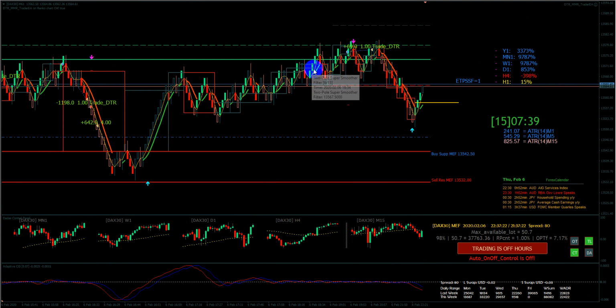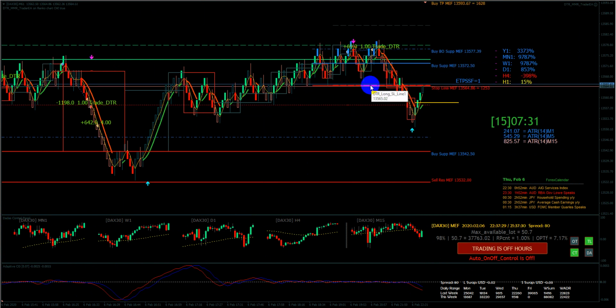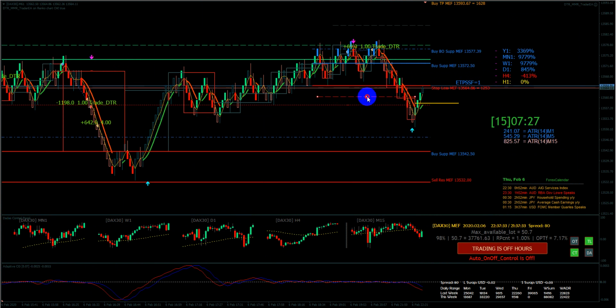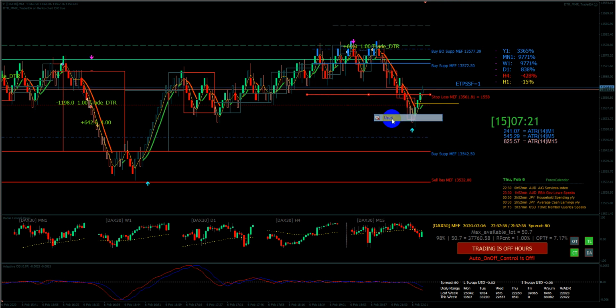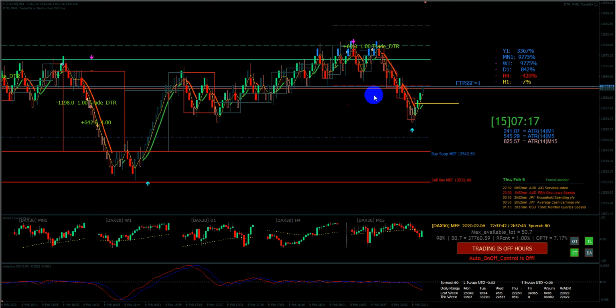And I think I was measuring it from this distance right there, like this. Only I moved the stop loss, or I didn't move. Let's see. Ah, that's not the line. The stop loss is right there, so I did move the stop loss.